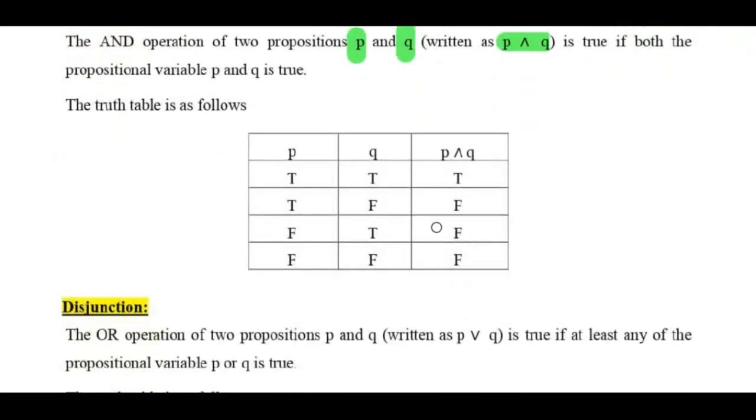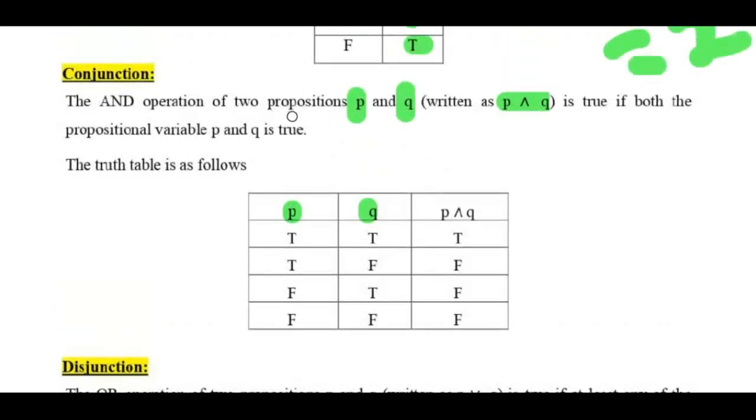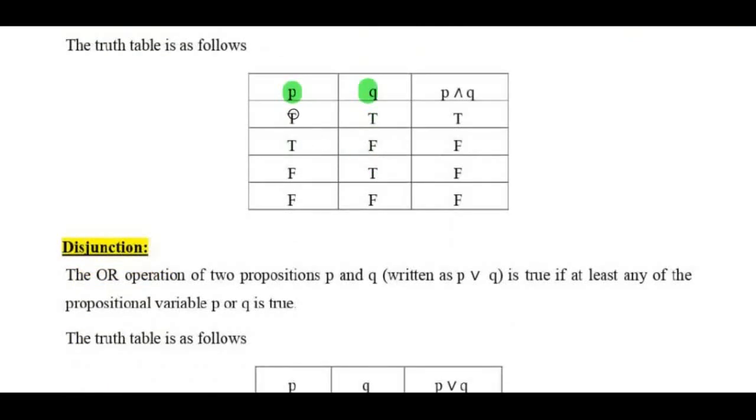Here you see the table as follows. First we consider the P statement, second we consider the Q statement. Why? Because for conjunction we need at least two statements. If the number of compound statements is two, we can write four rows. In the first two rows I write true, true, and in the remaining two rows false, false. For the second statement I write true, false alternately.